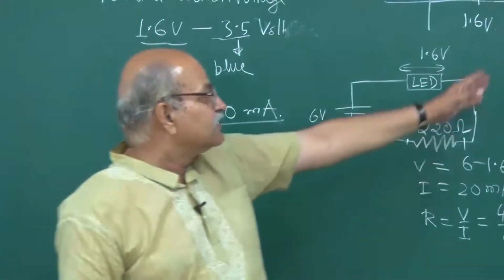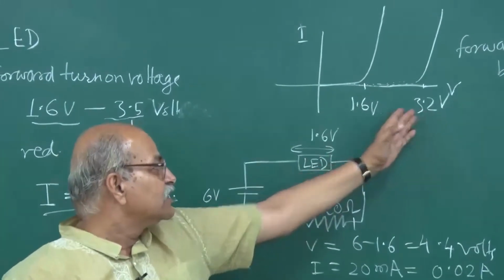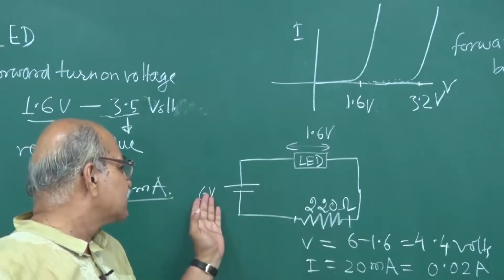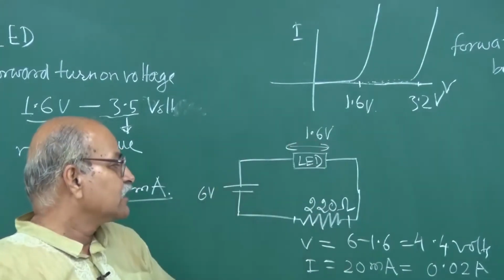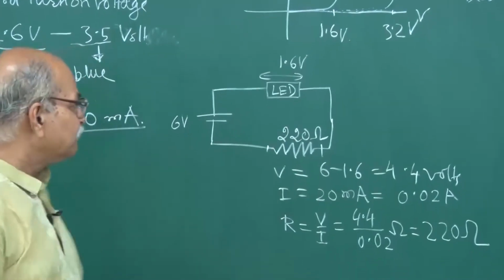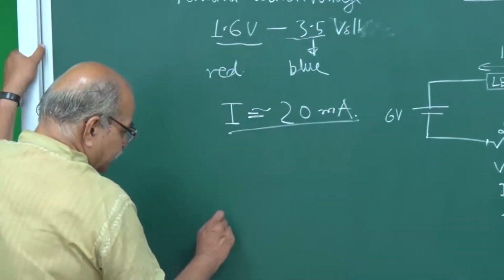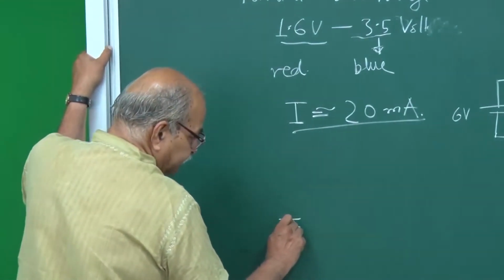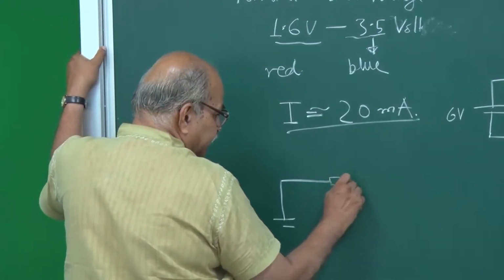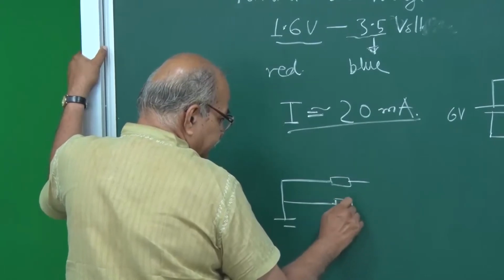Whereas if you have a blue LED here, forward turn-on voltage is 3.2 volts, then on this resistance you have 6 volt minus 3.2, and correspondingly you can calculate. And what if two LEDs are to be connected in parallel? Suppose you have a 6 volt source and you want to connect one LED here and also one LED here.